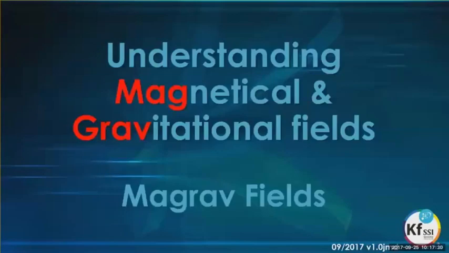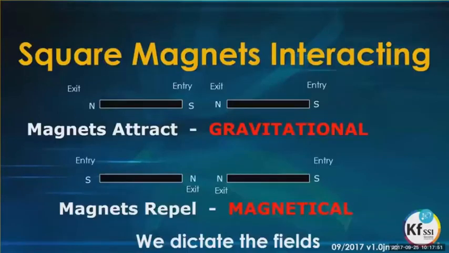To understand these fields, we have to understand another basic concept of understanding the magnetical and gravitational fields, or what we will commonly term as maggrav fields. We've all played with the square magnets our whole life, and it's a case of understanding the different terminology now that we're going to be using.